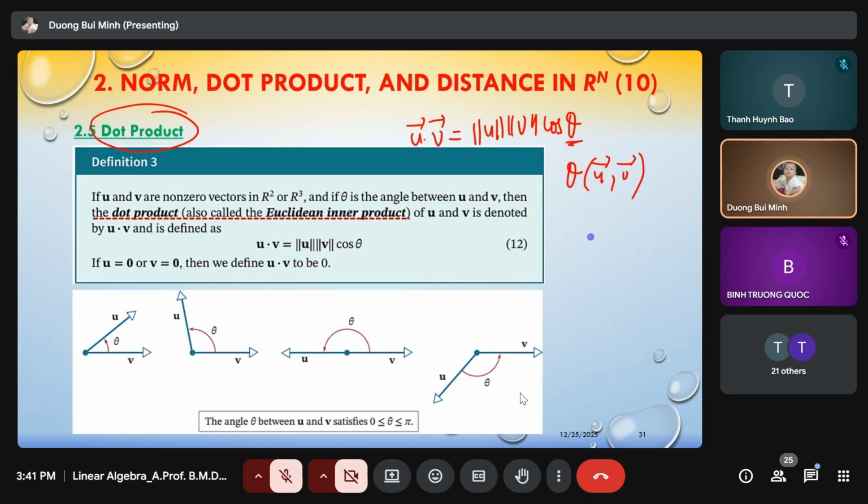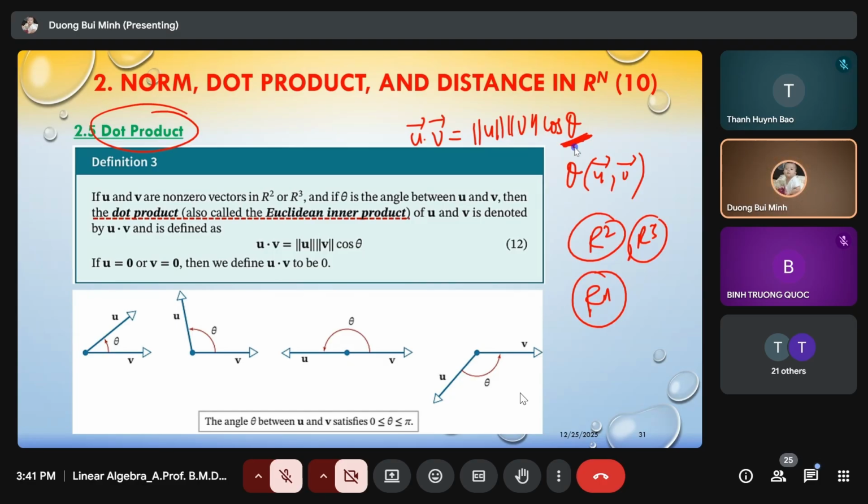If we have R2 or R3, it's easy to determine theta. But if we have Rn, with a lot of dimensions, it's not easy to determine theta.